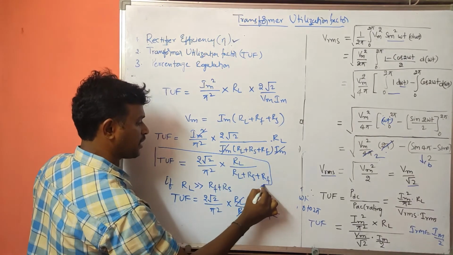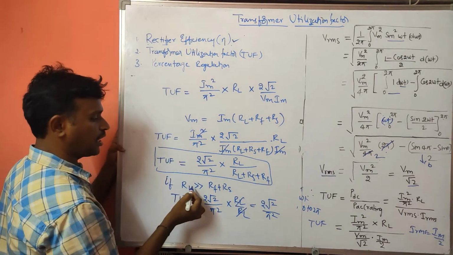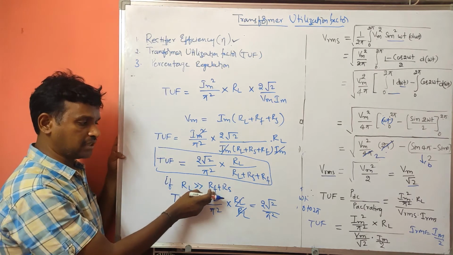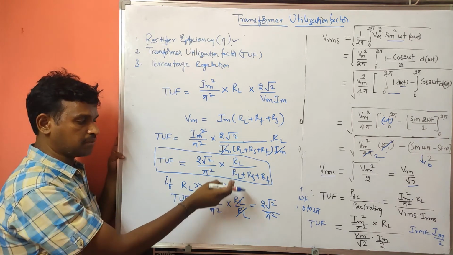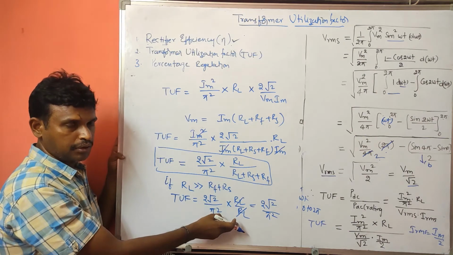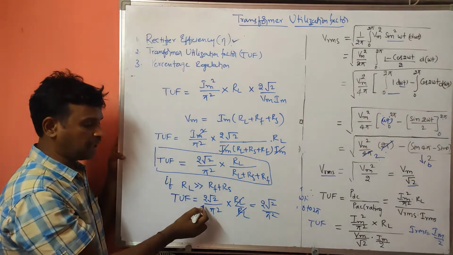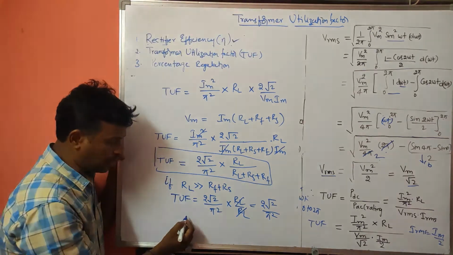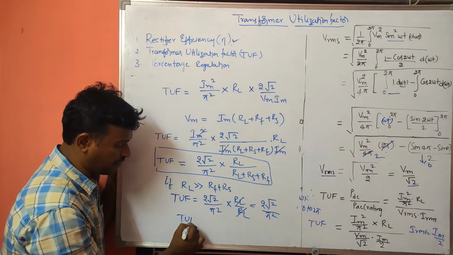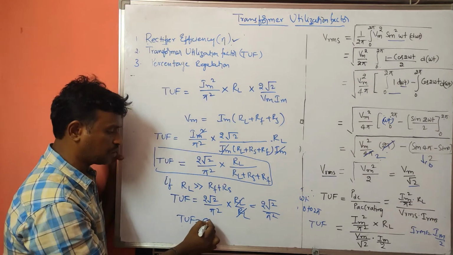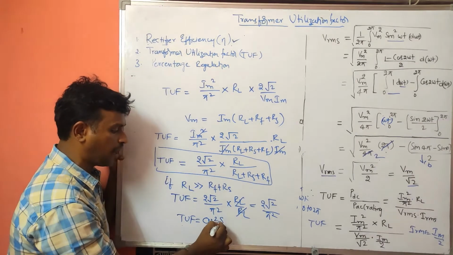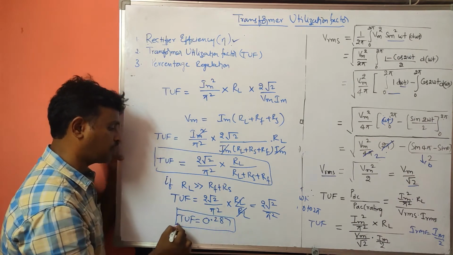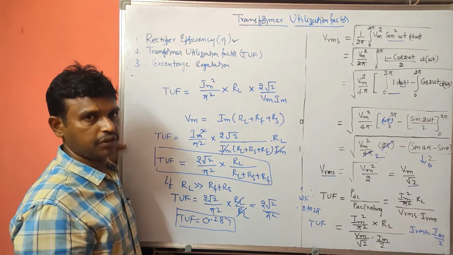If we consider the condition that RL is much greater than RF plus RS, we can neglect RF plus RS, so RL and RL cancel and the remaining one is 2 root 2 by pi square. So TUF is equal to 0.287. This is the transformer utilization factor of our half-wave rectifier.